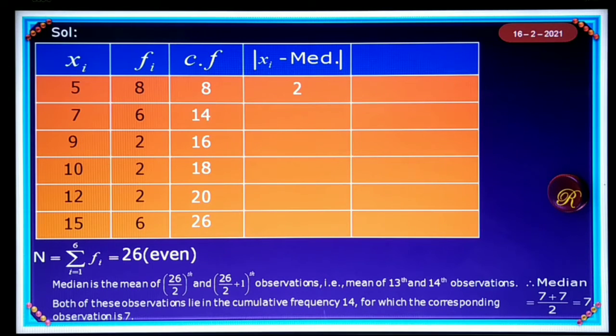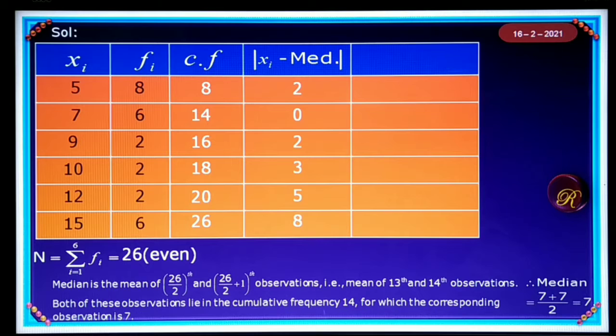Absolute value of 7 minus 7 is 0. Absolute value of 9 minus 7 is 2. Absolute value of 10 minus 7 is 3. Absolute value of 12 minus 7 is 5. Absolute value of 15 minus 7 is 8.